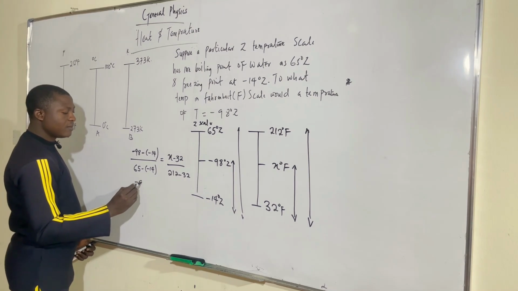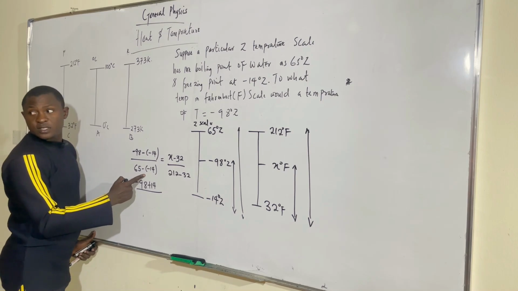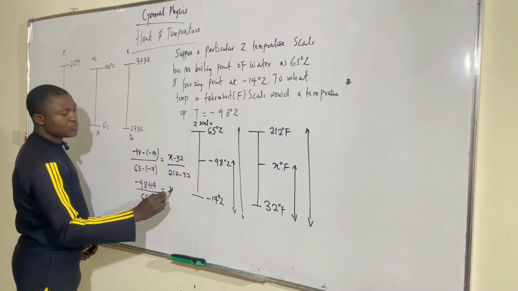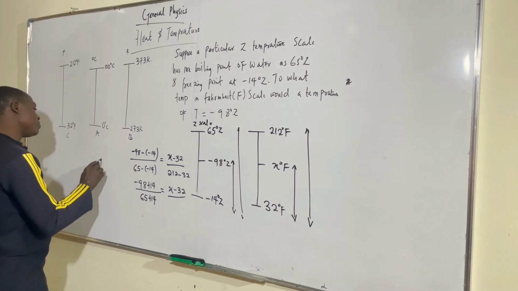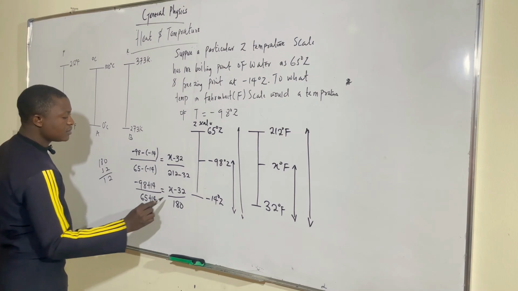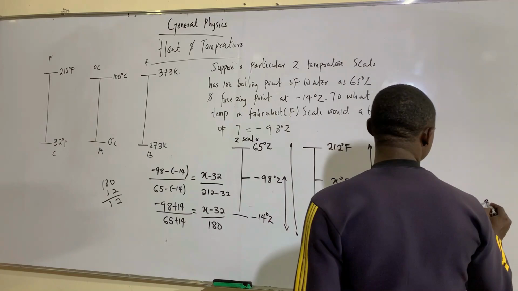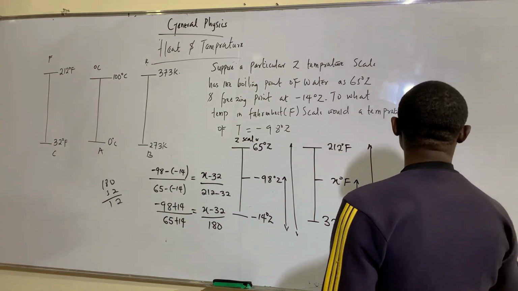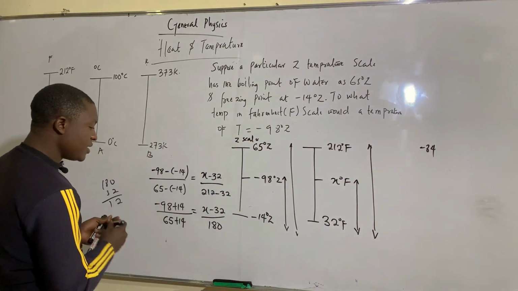So here I can have minus 98 plus 14 divided by 65 plus 14 is equal to x minus 32 divided by 212 minus 32, I think that's going to be 180. So that is 180. So now, minus 98 plus 14, we are going to have minus 84. Just like the subtracting. So let me put it here.